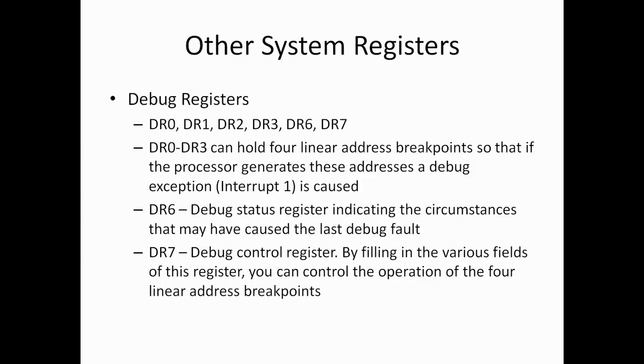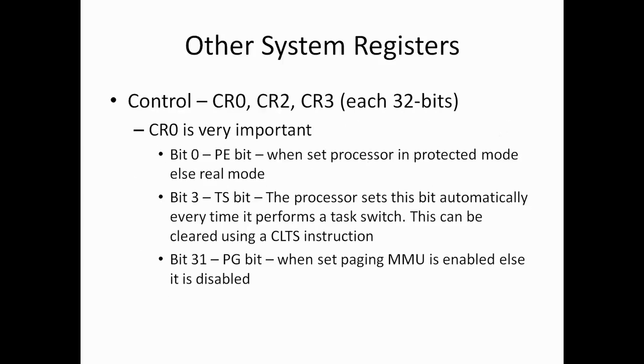DR6 is a debug status register indicating the circumstances that may have caused the last debug fault. And DR7 is a debug control register. By filling in the various fields of this register you can control the operation of the 4 linear address breakpoints. So a lot of things can be done here. The control registers are very important to realize certain functionalities, to enable and disable them.